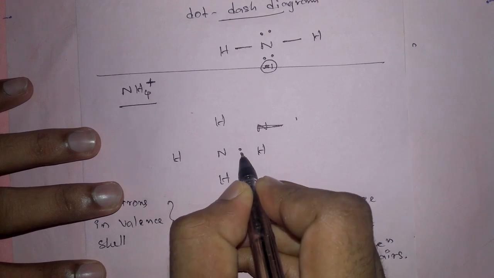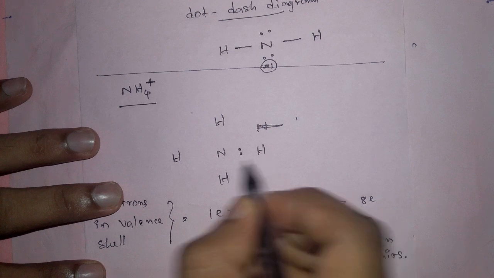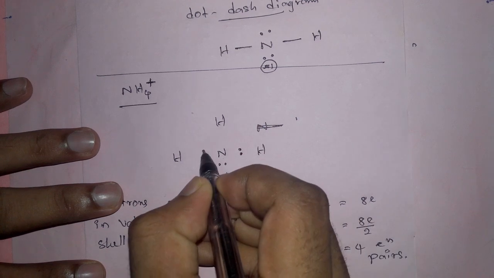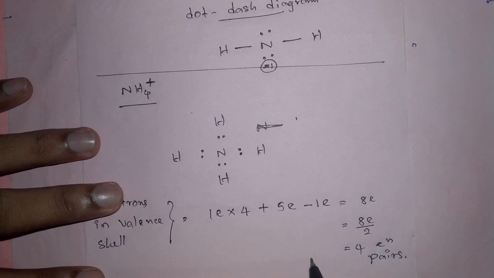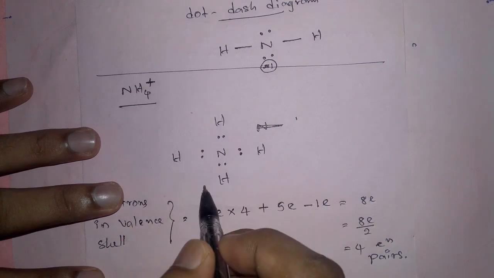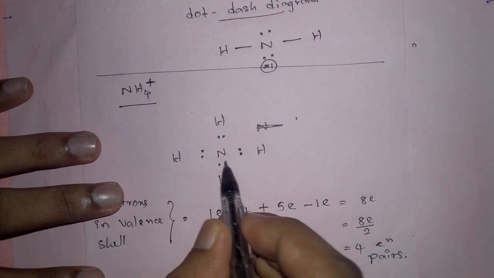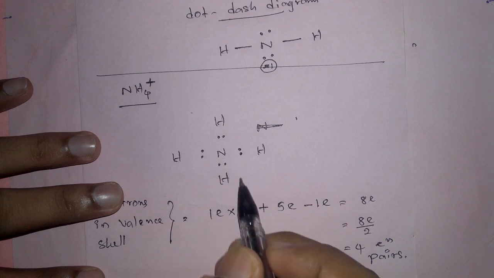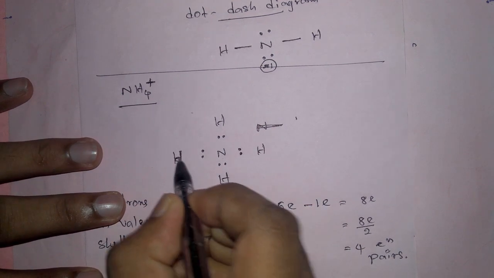This 1 electron pair indicates a single bond. We have used all 4 electron pairs to form single bonds between the central atom and peripheral atoms. And next is calculation of formal charge.